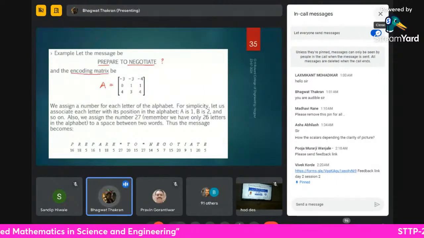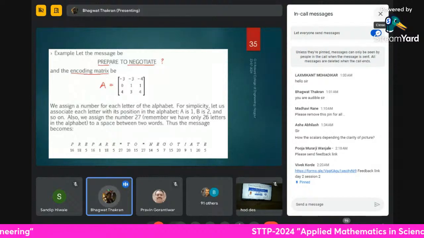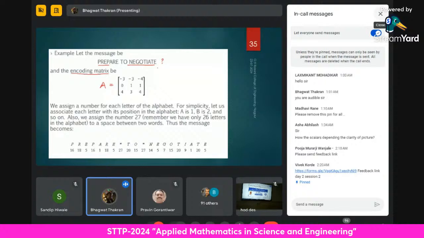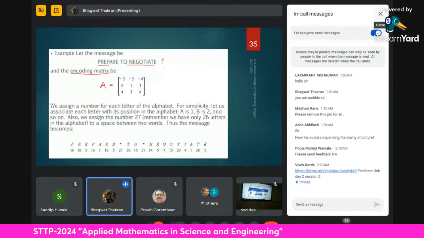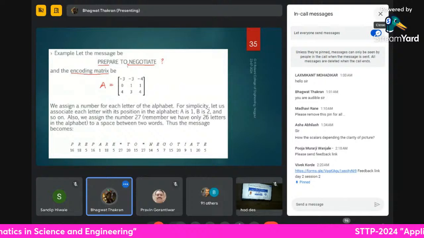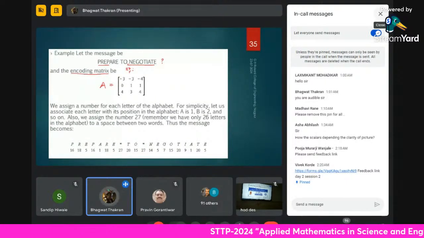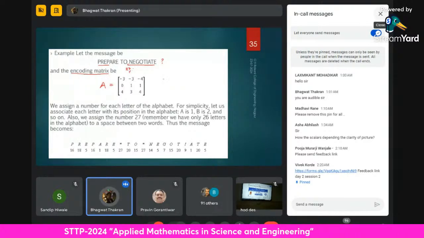What we'll do is mark each letter from 1 to 26, and the space in between the words I'll consider as the 27th alphabet, and assign it the number 27.